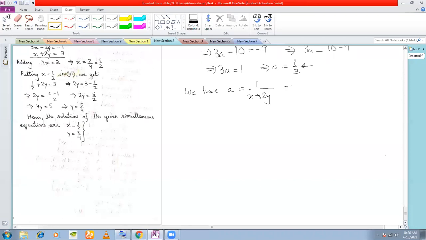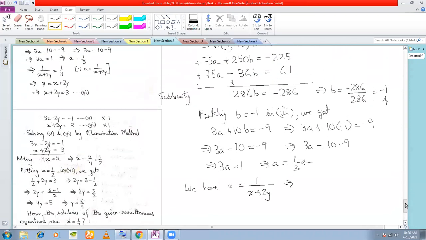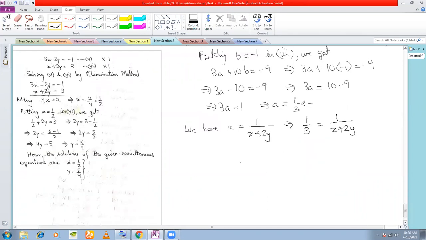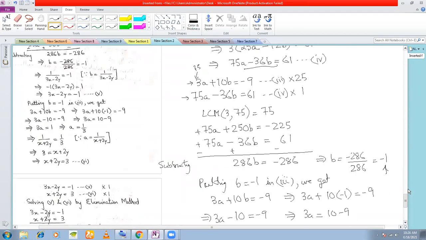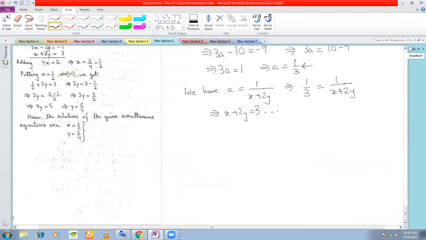And what is the value of a that we had got? The value of a that we have got here is 1/3 is equal to 1 by x plus 2y. Now you cross multiply, you will get x plus 2y is equal to 3. Okay. So let us call this equation number 5.